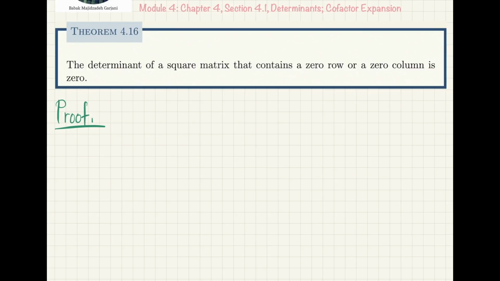For example, let us consider that this is your matrix A, and you have a 0 row. So I have A11, then A12 up to A1n. Then at some point here you have all zeros, and then you have again An1, An2 up to Ann.